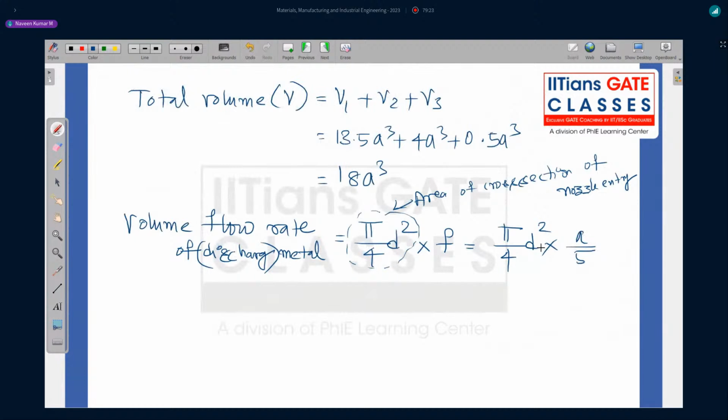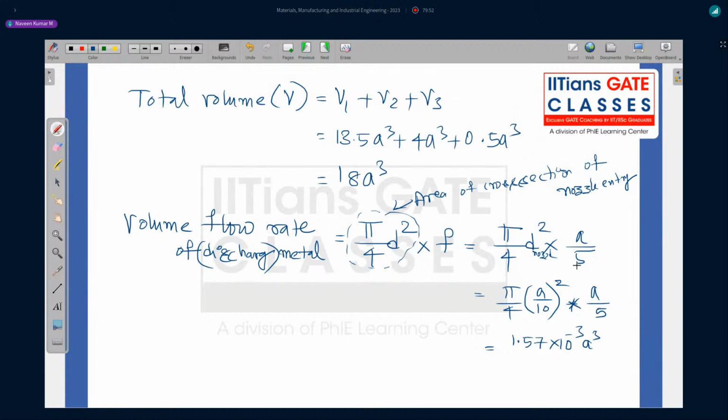So this D is nothing but D nozzle. So let's do that. So pi by 4 into D nozzle, how much is D nozzle? D nozzle is A by 10. A by 10 whole square into A by 5. So this will come around, okay, fine, you can calculate. I think I have the value, that is 1.57 into 10 to the power of minus 3 A cube.